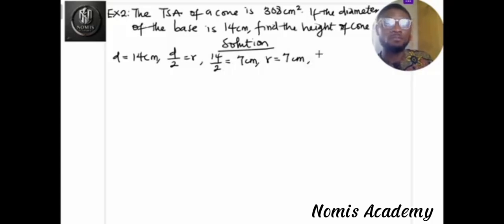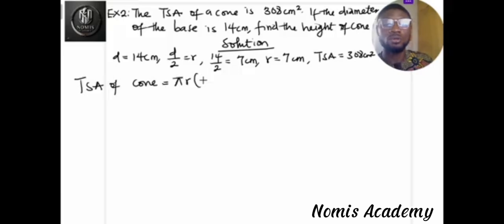Now we are also given the total surface area of the cone to be 308 centimeter squared. So we are going to introduce the formula and solve it. Total surface area of cone is equal to pi r, open bracket, h plus r, close bracket. So that is 22 over 7 multiplied by 7 centimeter over 1, open bracket, the h now we don't know, plus our r is 7 centimeter.